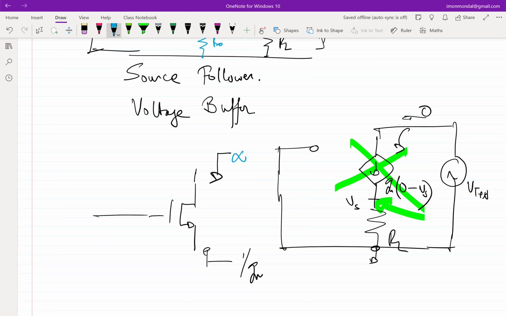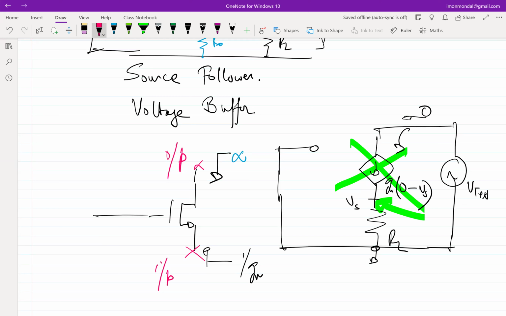Now, given that we know all these input and output resistance requirements for controlled sources, if this is the input terminal and this is the output terminal of some contraption, what will this contraption behave like among the controlled sources that we are aware of?